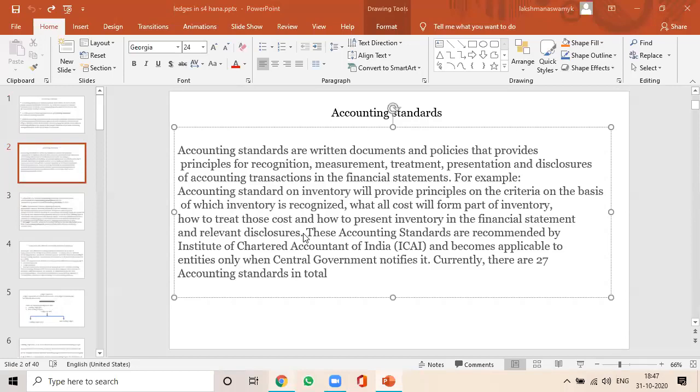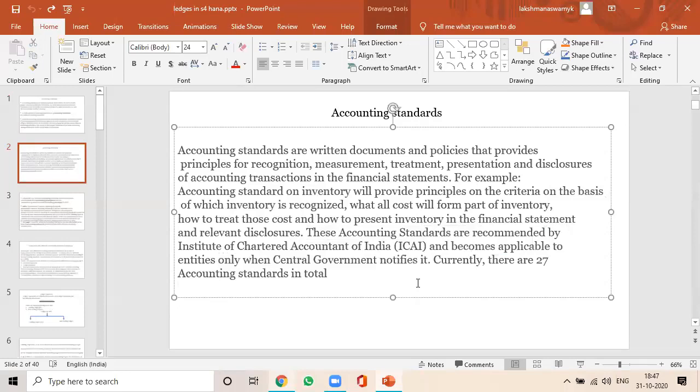Based on social conditions also, these regulatory bodies design the different accounting principles. As time passes, they come up with new accounting policies and new accounting standards also. These accounting standards are recommended by the Institute of Chartered Accountants of India and become applicable to entities only when the central government notifies them.